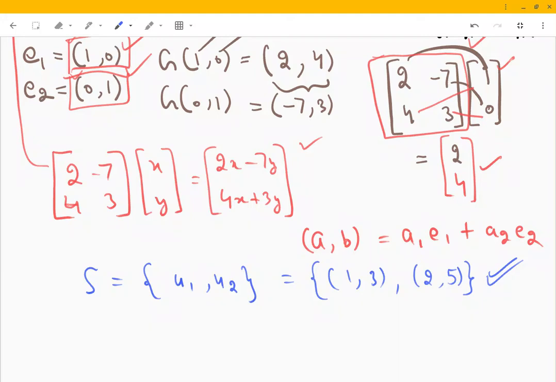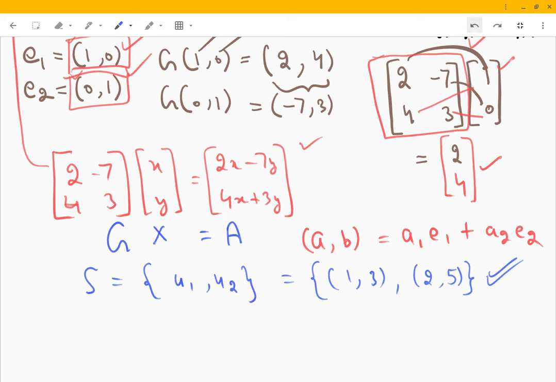Say I call this G, X, and let me call this A. So Gx gives us A, and if you need to find the inverse transformation, you can find the inverse of this matrix.